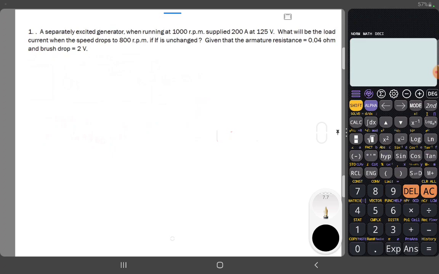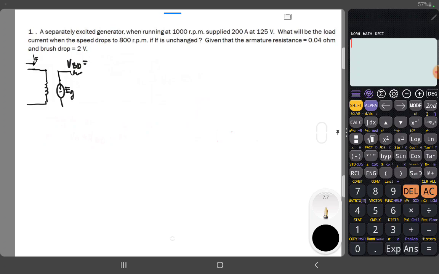Okay. So from here, we have a separately excited generator. So therefore, when you are solving a separately excited generator, the field coils are separate, right? So therefore, there will be a different IF that is separate to the circuit. Okay? And then of course, we have our EG, positive, negative EG, and then our voltage drop VBD.